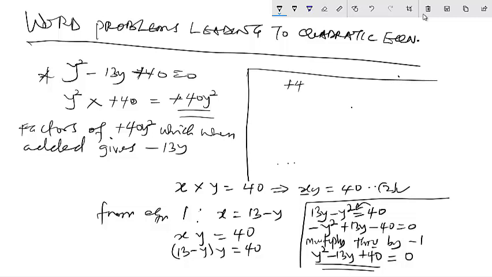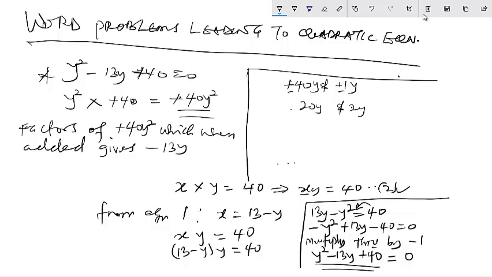What are the factors of plus 40y squared? We can have plus 40y and plus 1y. Plus 40y times plus 1y will give you 40y squared. Then you can also have minus 40y and minus y, which will give you plus 40y squared. Then we can have 20y and 2y. 20y times 2y will also give you plus 40y squared.